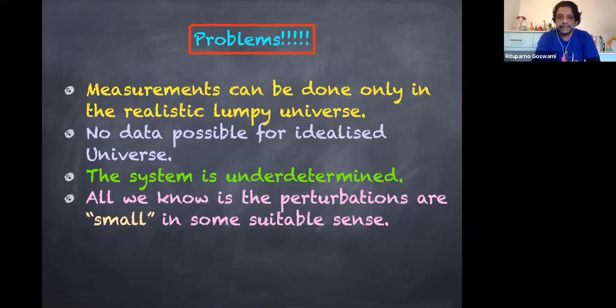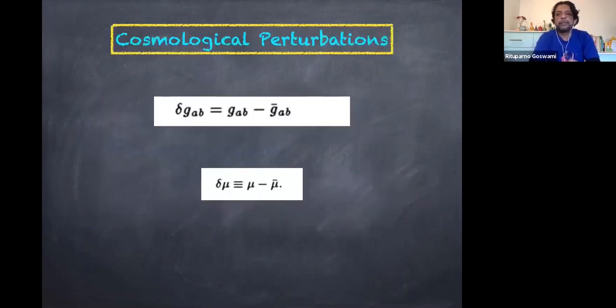But in this case, we are doing a perturbation, but we have no idea about the idealized universe's value, because there is no data possible for the idealized universe. So very obviously, the system is underdetermined. Going back one step, we can only know g_ab and mu.